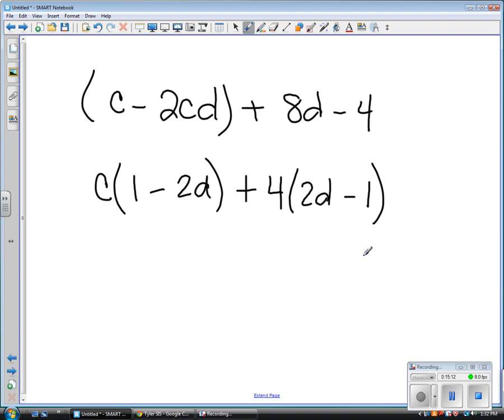Now I got the right pieces, but they're in the wrong order, right? So how am I going to maneuver that? Not plus a negative, but what happens if I go through and multiply by negative right here? Okay, so I can pull out a negative, but then what happens to this?